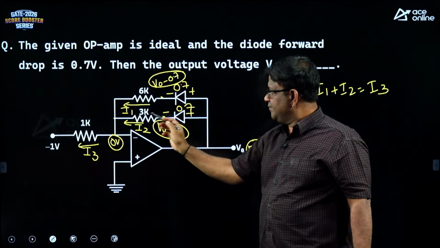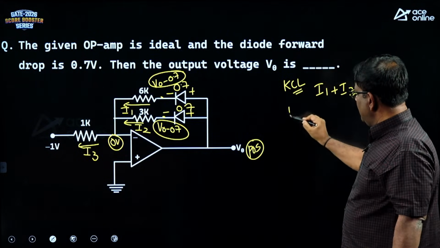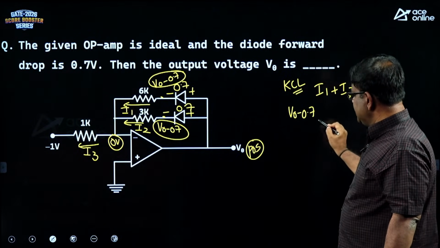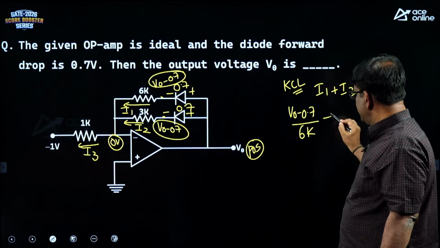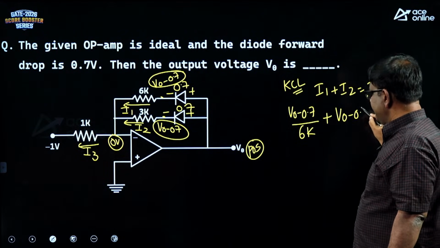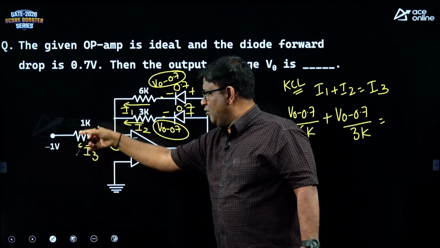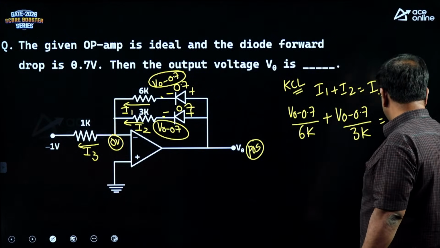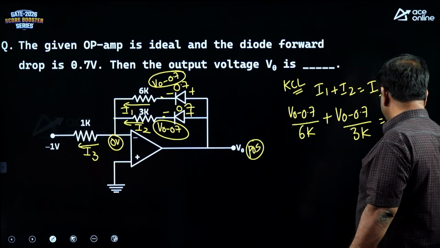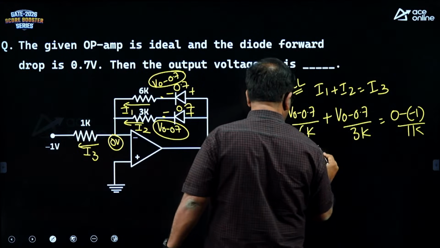What is I1? I1 is (V0 minus 0.7 minus 0) by 6K, and I2 is (V0 minus 0.7 minus 0) by 3K. I3 is (0 minus (minus 1)) by 1K, which is 1 milliampere. From here you can find V0.